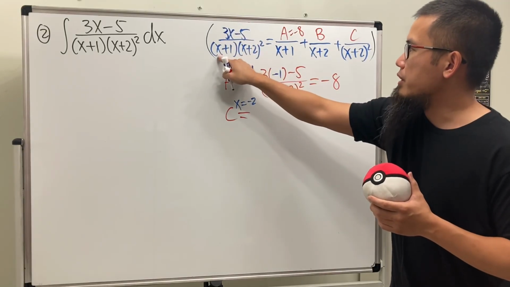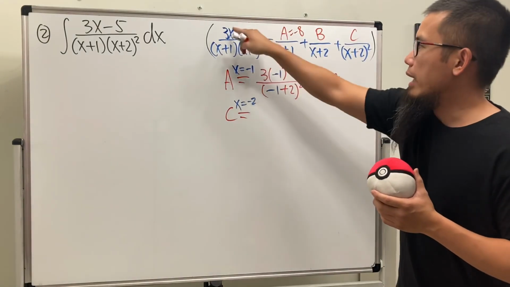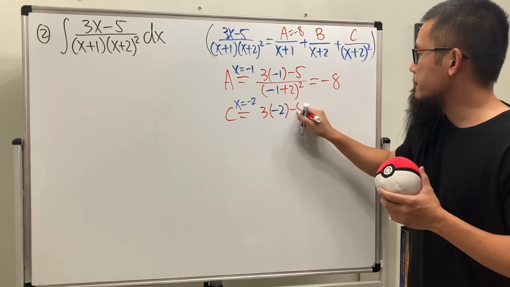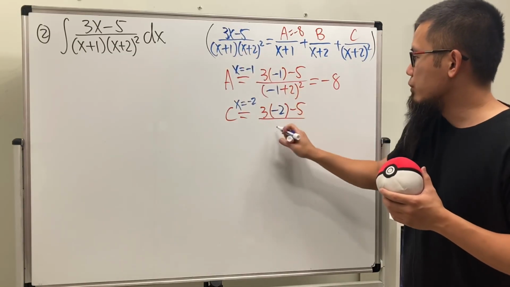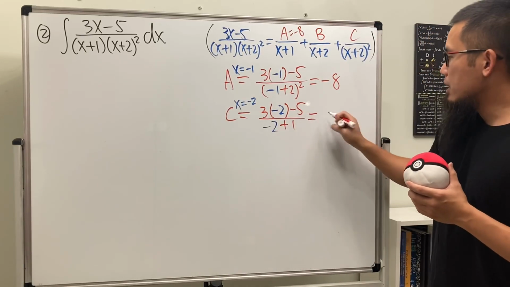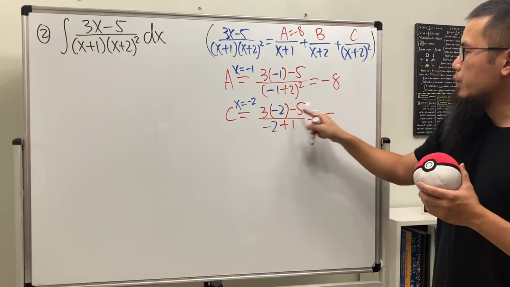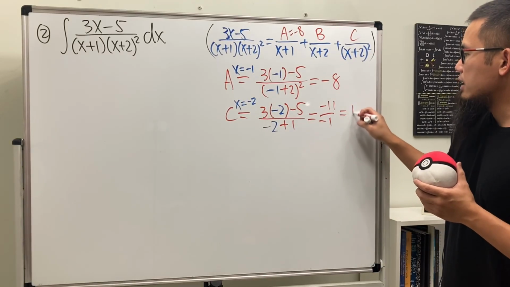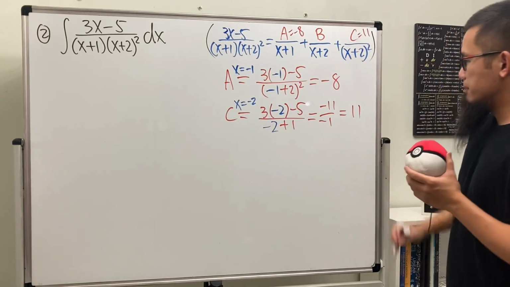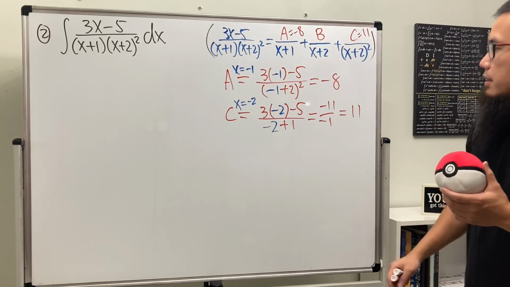Put it here and put it here because we covered this up already, and we get 3 times -2 minus 5 over -2 plus 1. On the bottom here we get -1. On the top right here we get -11. So altogether we get +11. So C is +11. Okay. So that's what we have.